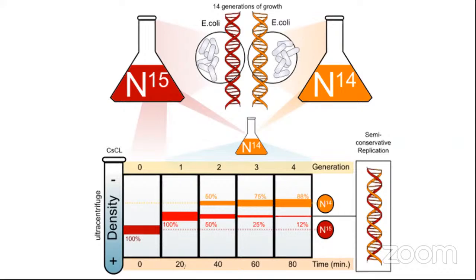This was inconsistent with dispersive replication, because it would have resulted in a single density, lower than that of the intermediate when compared with the one generation of cells, but still higher than the cells grown only in the N14 medium, which were included just for comparing the results.